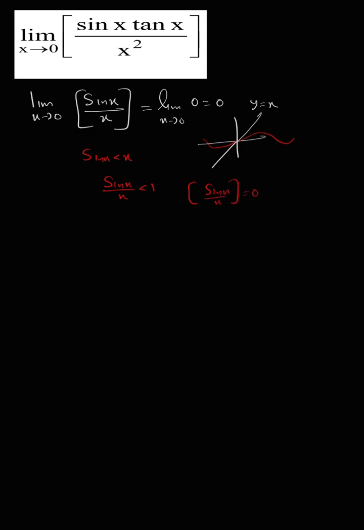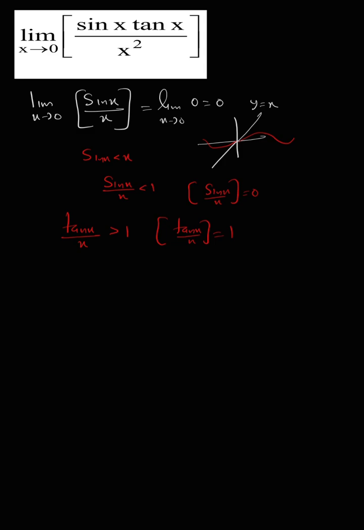But here the problem is sin x is there and also tan x is there and the denominator is x square. One more thing is tan x by x. Tan x by x is greater than 1. So its step will be 1, in the neighborhood of 0. So one is less than 1 and the other is greater than 1.